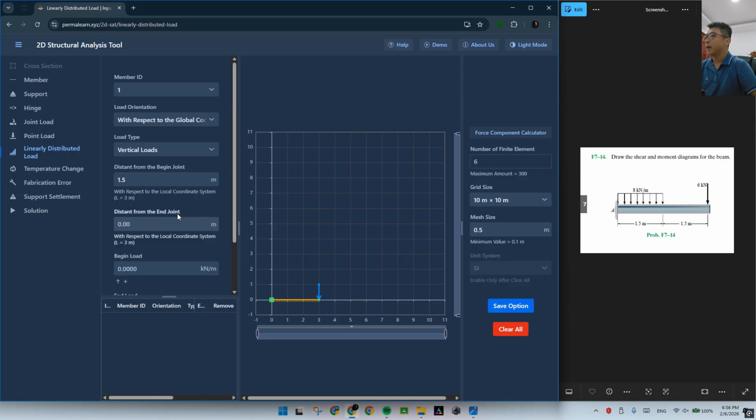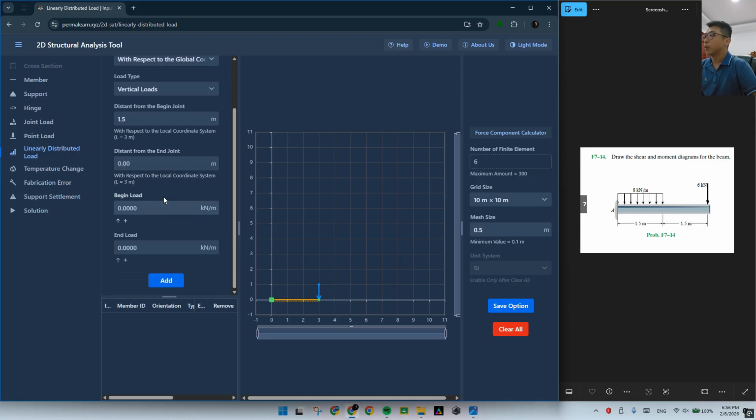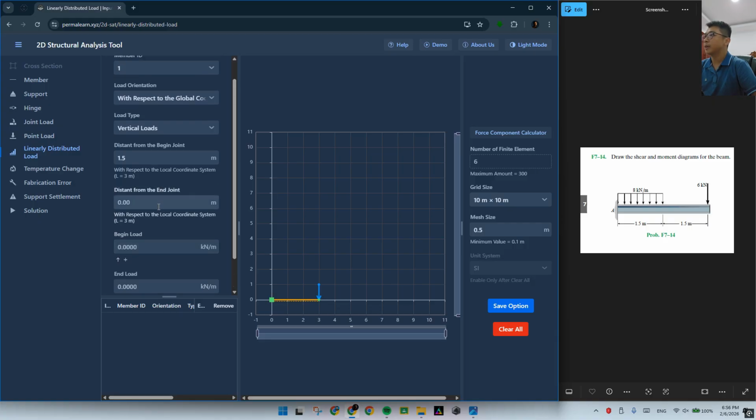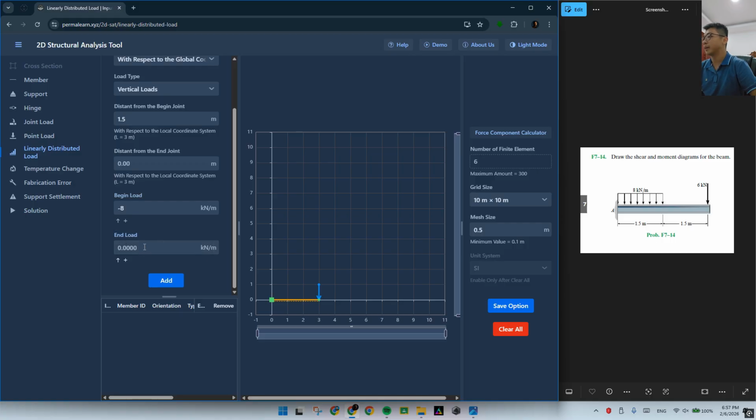The distance from the beginning point at joint A is 1.5 meters, and the beginning of the load is minus 8 kilonewton, since positive is upward. Our picture shows downward, so we need to put minus 8, and the end of the load is also minus 8 kilonewton.